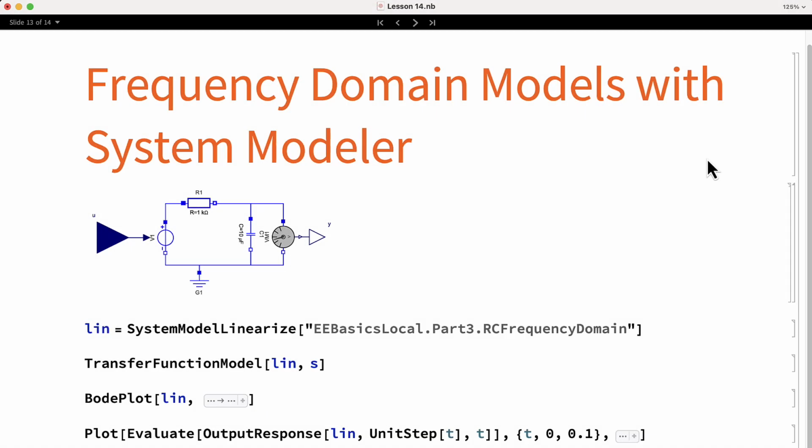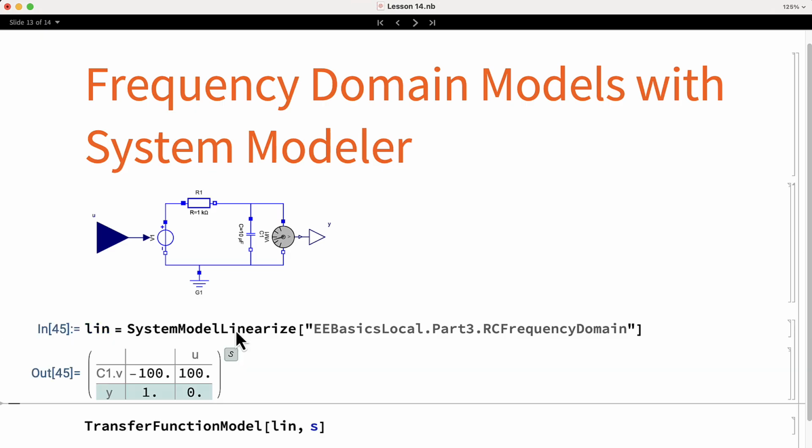Sometimes, obtaining the transfer function of a very complex circuit is a complicated task. When the circuit is created in System Modeler, we have an alternative approach using the function to obtain linearized models. In this example, I have created a version of the RC circuit which has one input and one output. We can use the function SystemModelLinearize, and that will return a state space model.